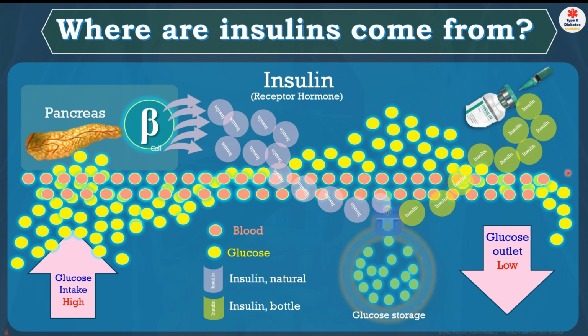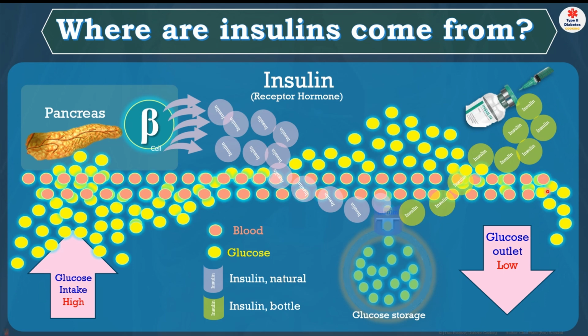problem, insulin resistance. So then the doctor will give you an injection to come into the system, because if you don't have enough beta, or your beta gets destroyed for whatever reason, then your insulin will come from what you inject into your system to make them function again, to put all the sugar into the glucose storage, okay?